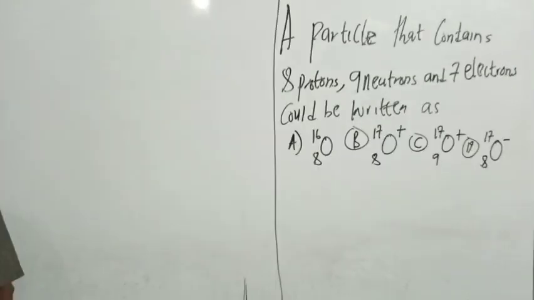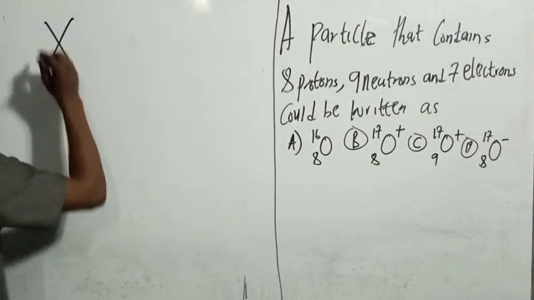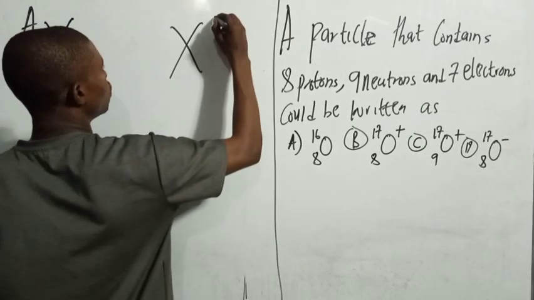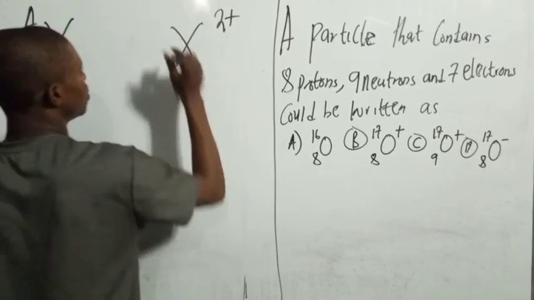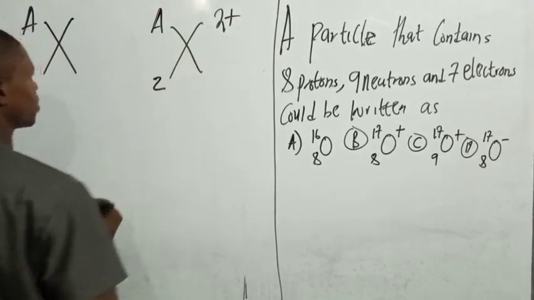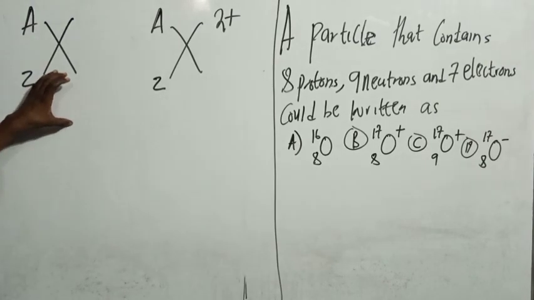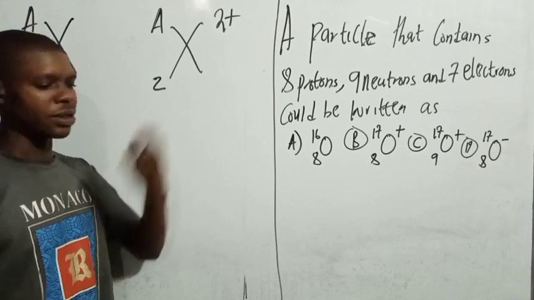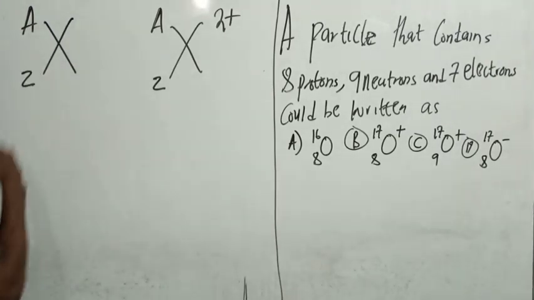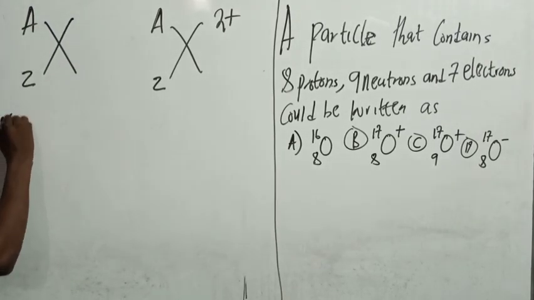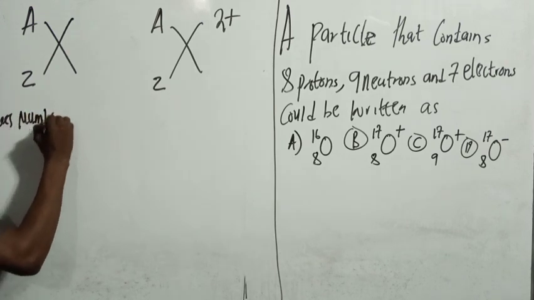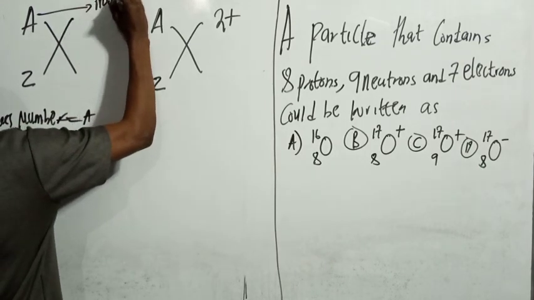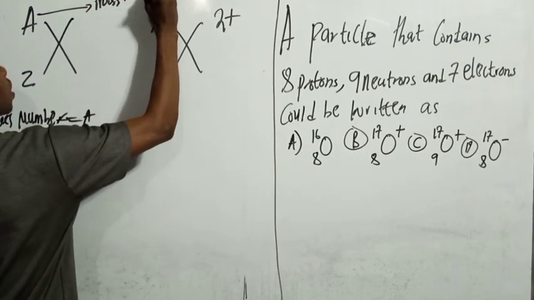So if you have an element like this, X with A and Z, and here we have X 2+ with A and Z. Then this is called the atomic symbol, and this is called the ionic symbol. Now, the mass number here is A. This is the mass number.